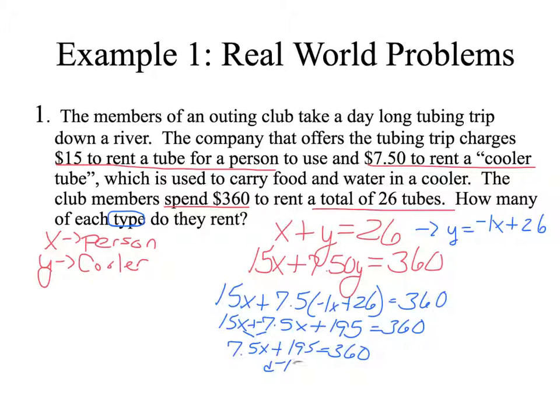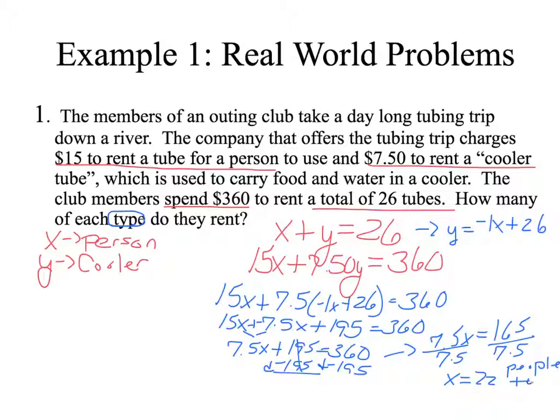Add negative 195 to each side. 7.5x equals 165. Divided by 7.5, divided by 7.5. X equals 22 people.